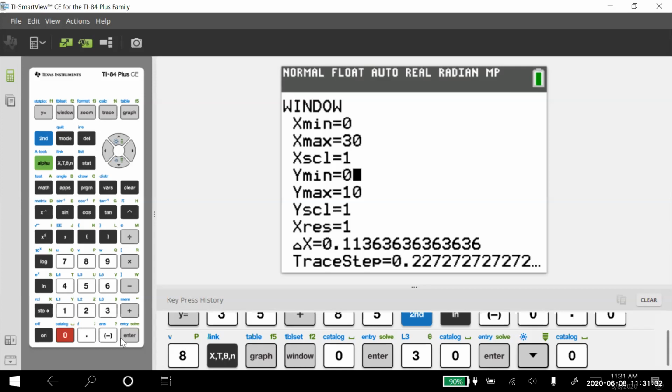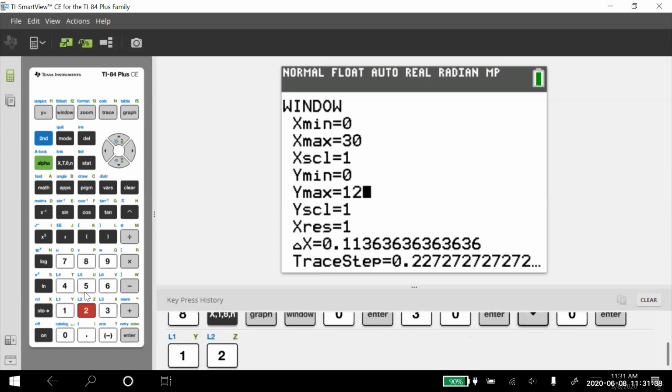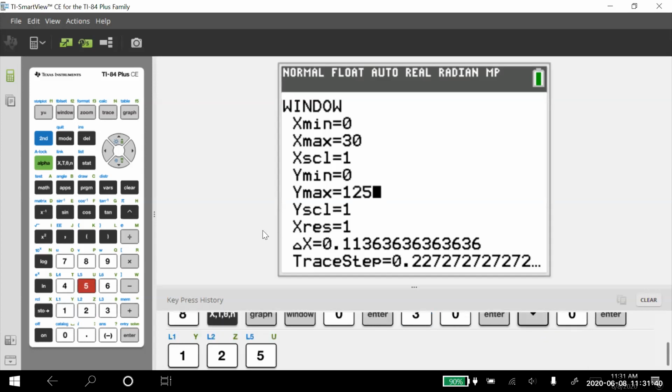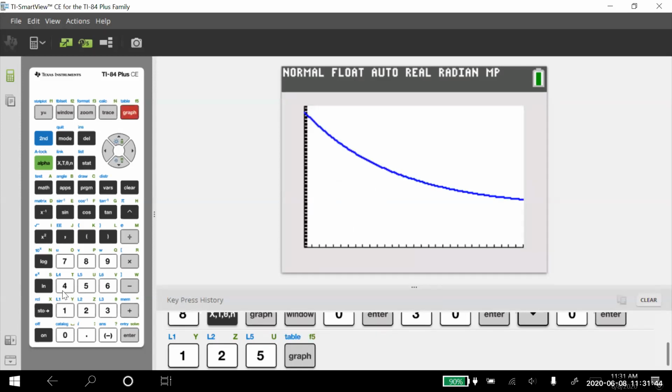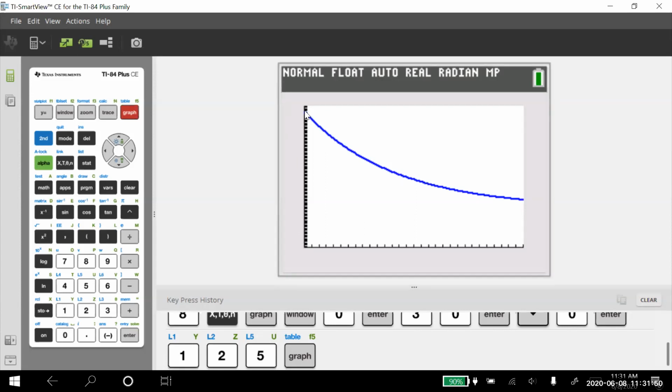We'll say they remember 0 words all the way up to, we started at 120. I'll go 125 just so that we're not at the maximum. And then now when I go to graph it, it'll actually show me the graph. So at 0 days, he had remembered 120 words. It starts to go down, but notice it's going down at a less and less of a rate.